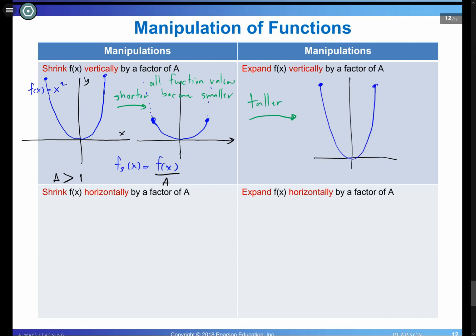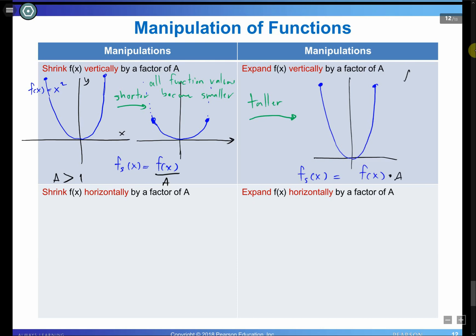So in order to make your parabola taller, you need to do this. The new function f_s is going to be equal to the original parabola function f(x), but you want to make it bigger, right? So you multiply it by a.